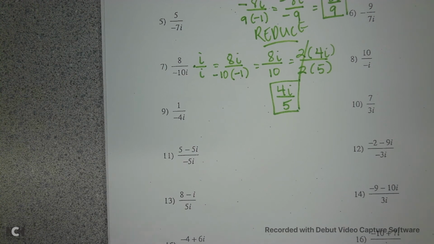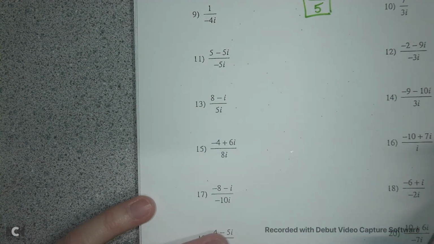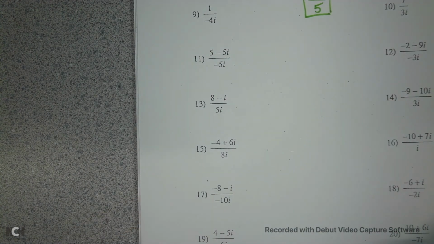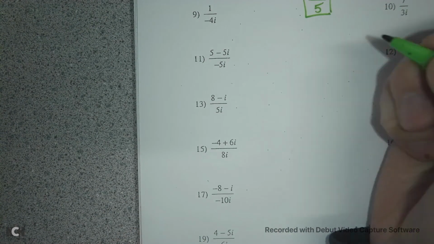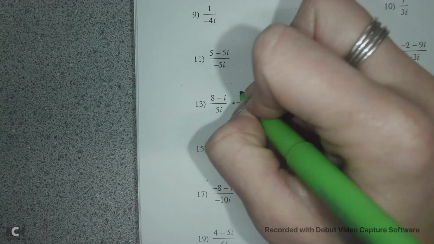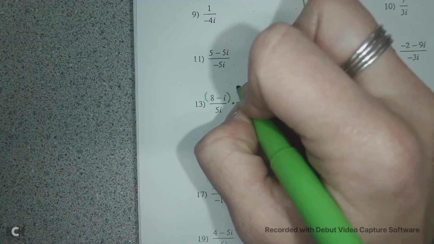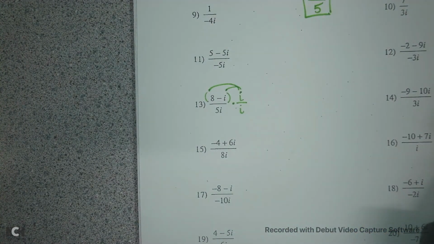Let's look at number 13. On this problem, I have 2 items on the top and 1 item on the bottom, which is totally fine. Still, on the bottom, I have this i, and I cannot leave it there. So we're going to multiply by 1. On the top, we need to distribute to both things inside of the parentheses.